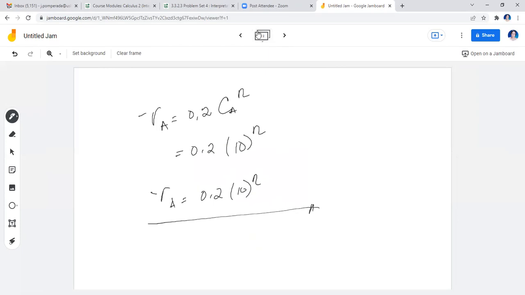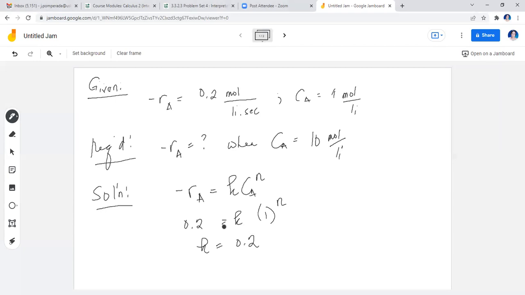Now, if you could see here, I did not give any unit for the k. Why is that? Because we do not know n. Remember, this k will have its set of units dependent on the order of the reaction. So we keep it like that.